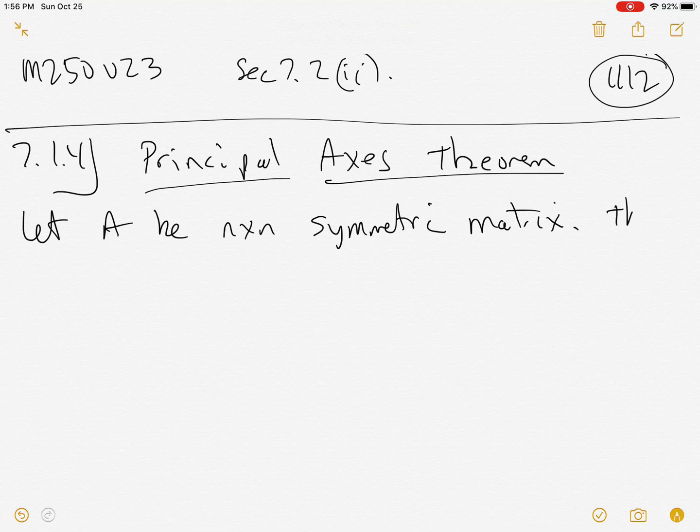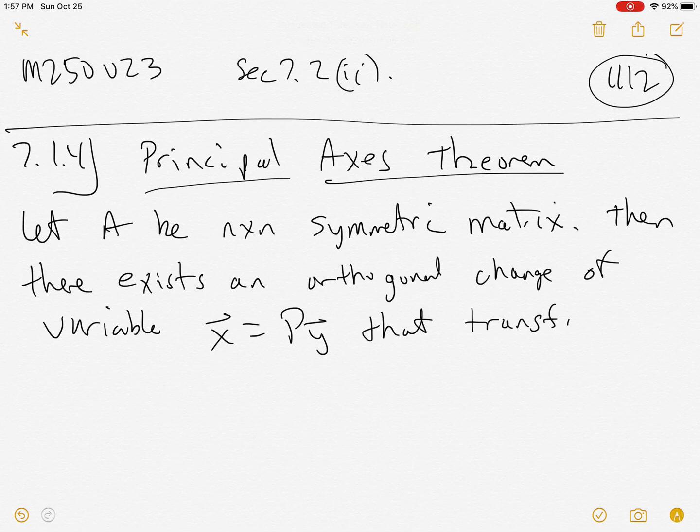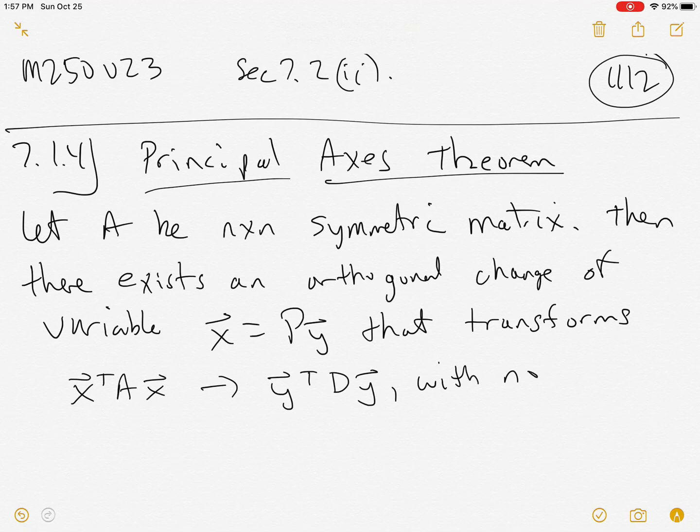Then there exists an orthogonal change of variable that transforms Q of x, which is this x transpose Ax, into this guy with no cross product term.